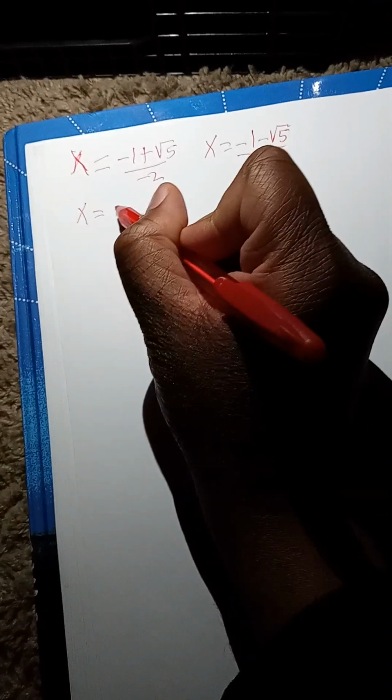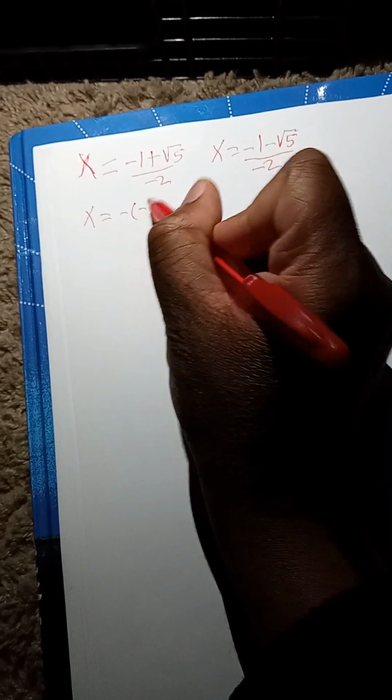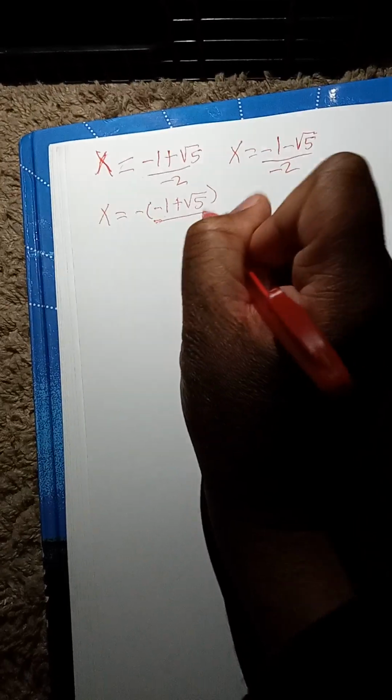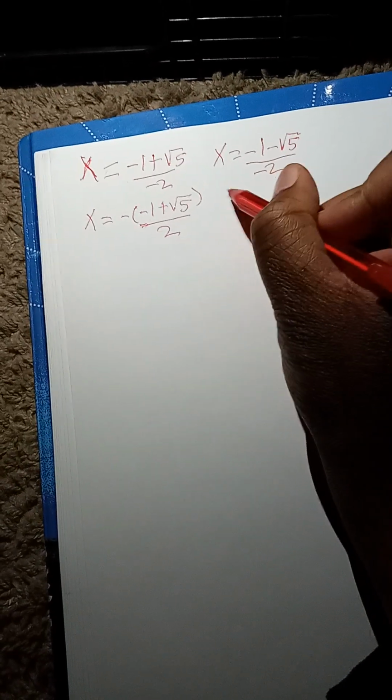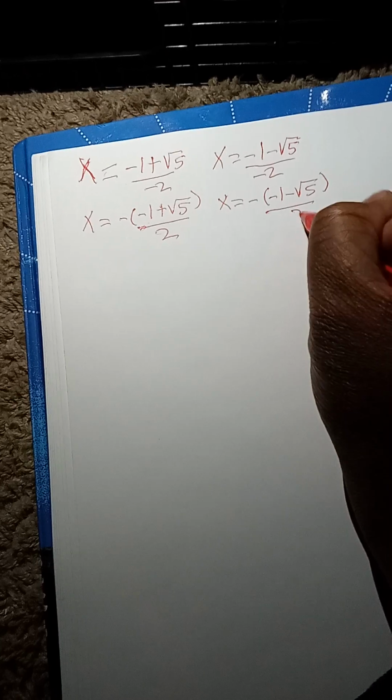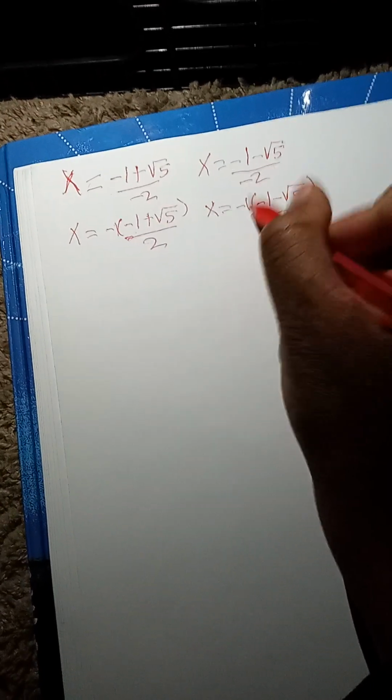So distribute the negative to the numerator, so x will equal negative of negative 1 plus square root of 5 divided by 2, and x will equal negative of negative 1 minus square root of 5 divided by 2, and the negatives represent negative 1, so we'll put a 1 there.